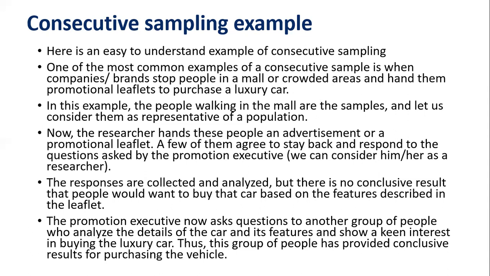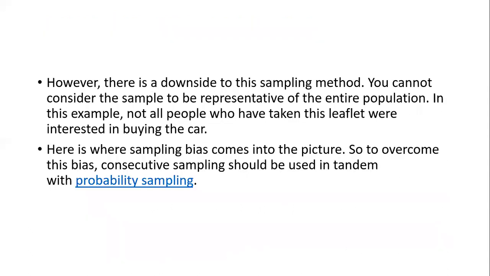If we are not succeeding there, we go to another group. We explain the details, ask the questions, and they show keen interest in buying that particular luxury car. This group of people has provided conclusive results for purchasing the vehicle. So this is an example of consecutive sampling.